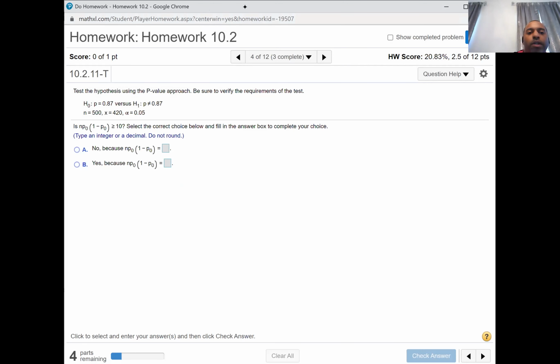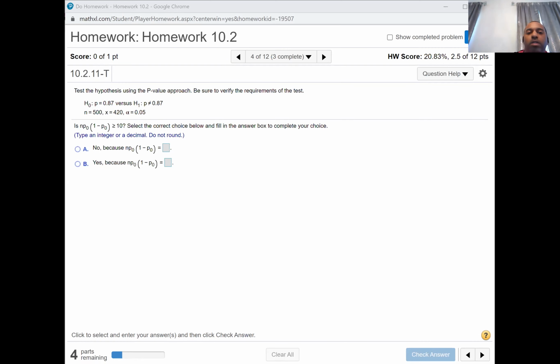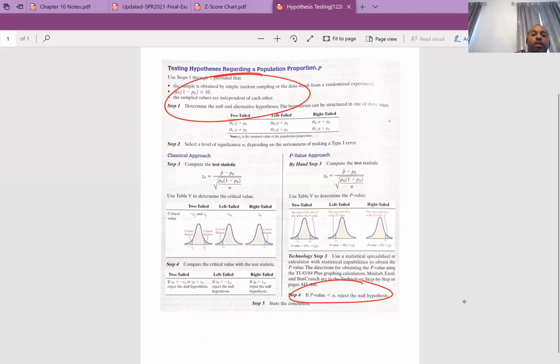All right. So here, test the hypothesis using the p-value approach. Be sure to verify the requirements of the test. So notice it says is n times p naught times 1 minus p naught greater than or equal to 10. And so where does that come from? It's coming from your initial conditions up top.